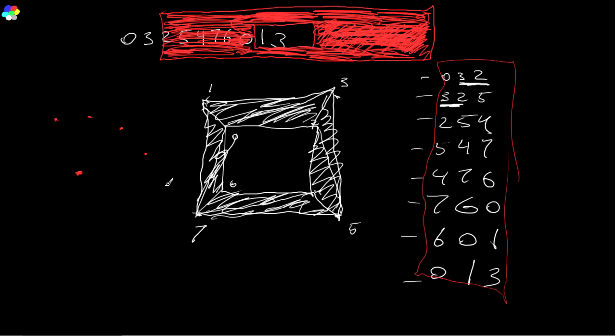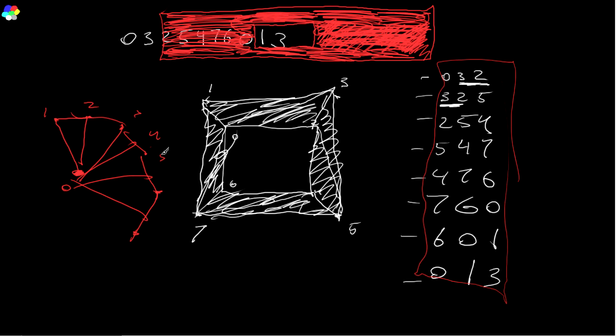In a fan, you start off with one vertex, and then you go along the edge of the fan, and it just draws triangles like this in a fan shape. So this would be 0, and then 1, 2, 3, 4, 5, 6, 7, 8, like this.